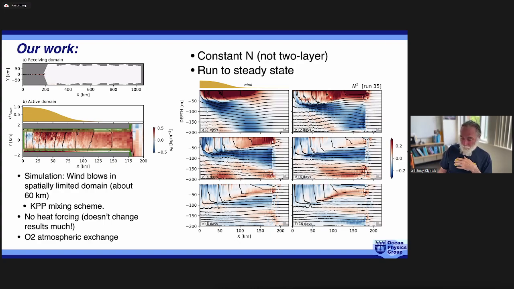After 2 days, you start deepening this layer and drawing water up to the head of the inlet. And it takes about 8 days, 10 days. Certainly by this point, these two snapshots don't look that different, where you've developed a 100-meter deep mixed layer, but due to the upwelling caused by the wind divergence at the head.